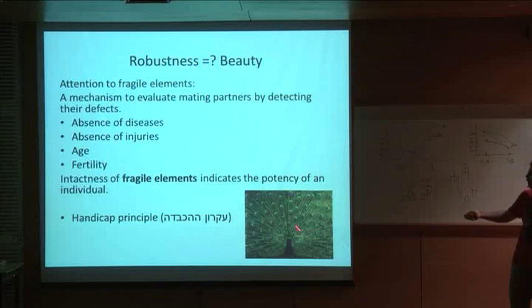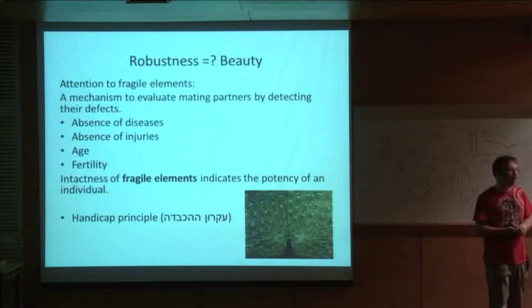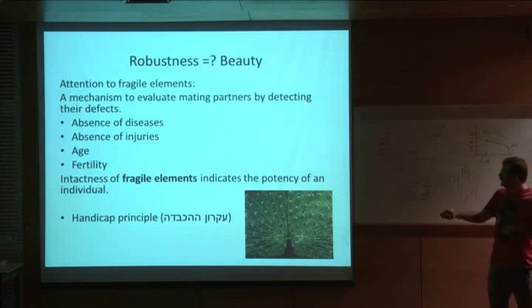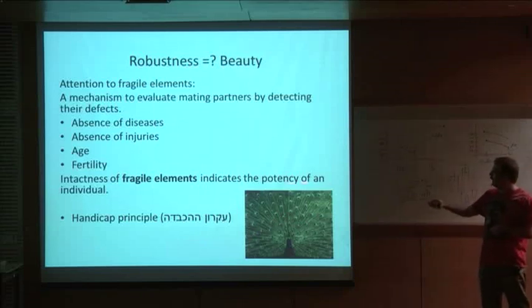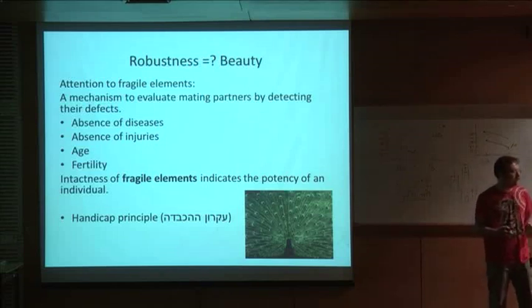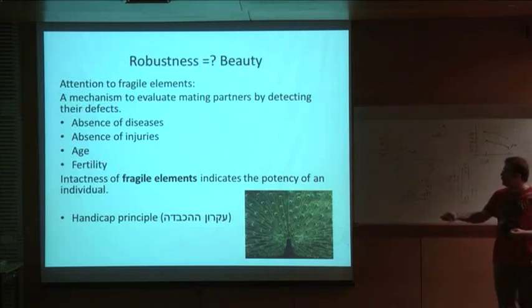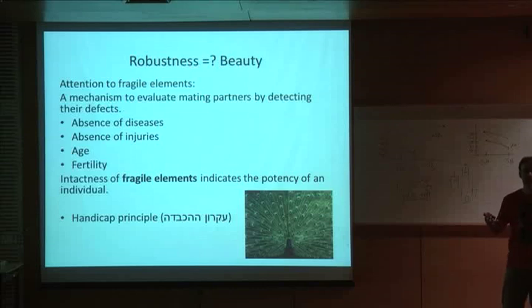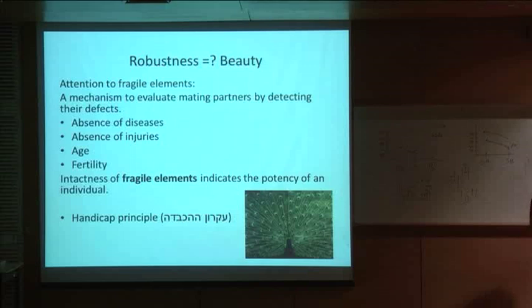So a peacock with such a huge tail is more vulnerable to predators, etc. But since this particular individual survived despite having such a massive and clumsy tail, it signals to the female: despite the fact that I'm handicapped by this tail, I'm still potent and therefore attractive in terms of reproduction.